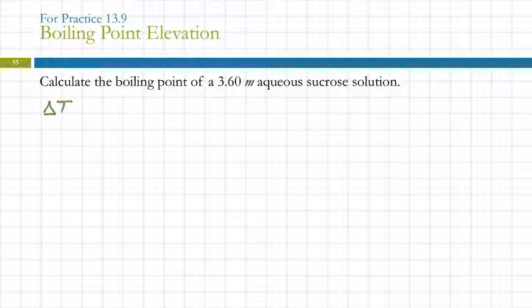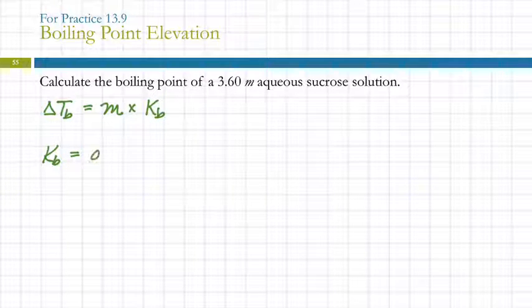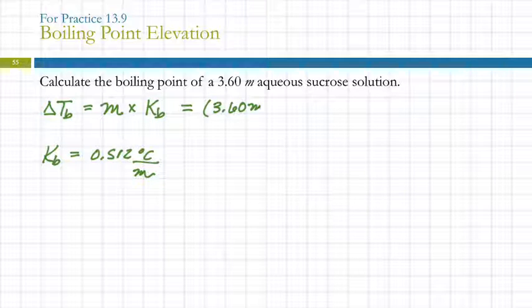So the change in the boiling point is equal to the molality times the boiling point elevation constant. So that's 0.512 degrees Celsius per molal, because I peeked as we were going through. So I knew I was going to need it. You just look it up in the table, or it would be given to you, perhaps, in the problem on an exam.